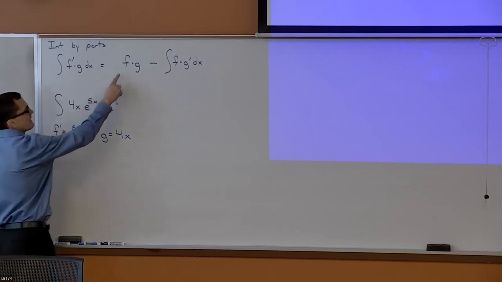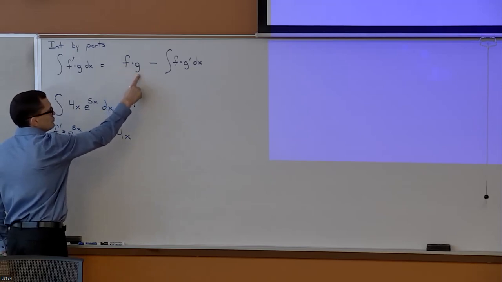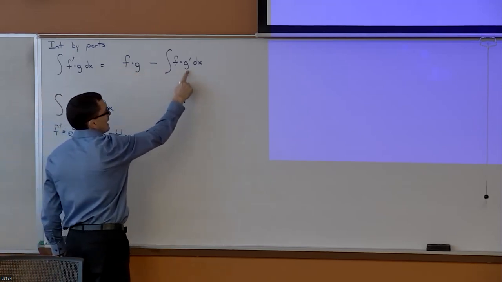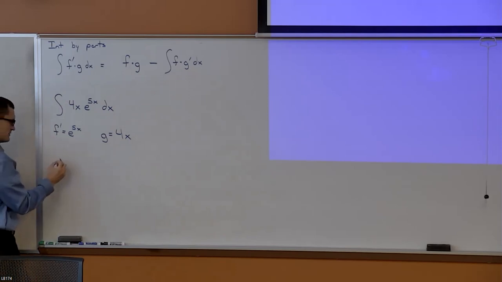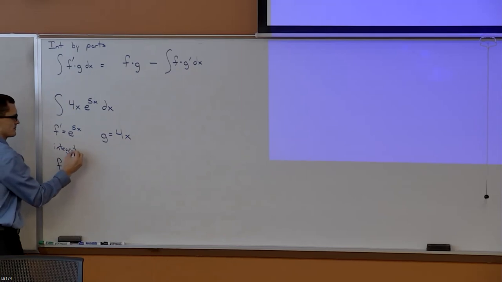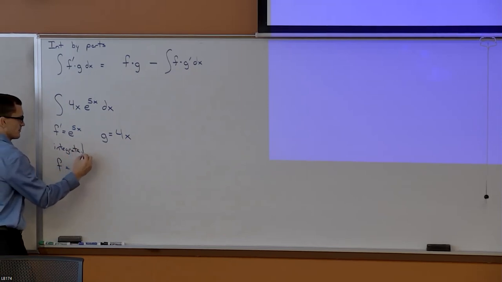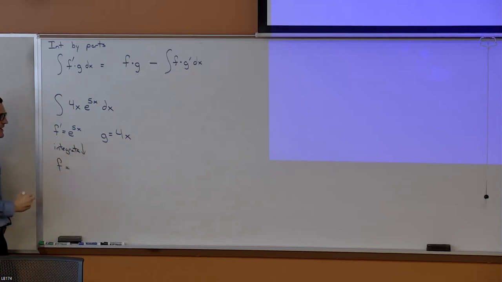Now, we need to get f, g, and g prime. We need to know those things. If I go from f prime to f, I need to integrate. That's one of the things: e to the 5x.